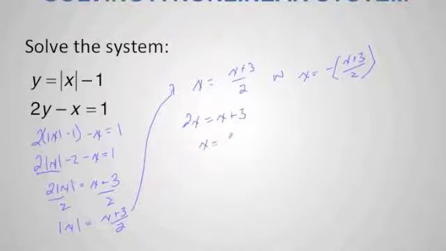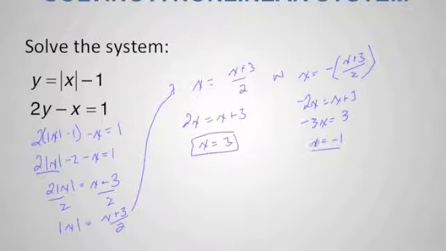So x ends up equaling 3 is one proposed solution. And here with a negative, I'm going to make it negative 2x equals x plus 3. So negative 3x equals 3, and x equals negative 1. This is another proposed solution, and now I need to find y.